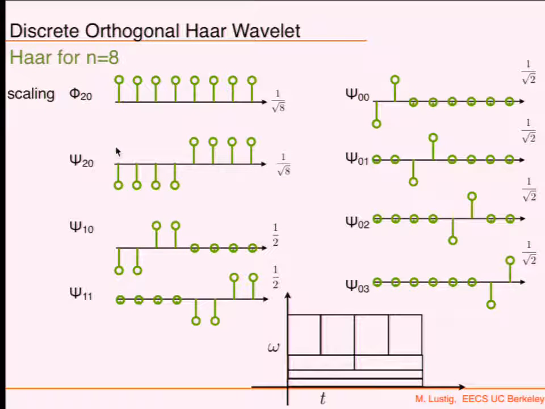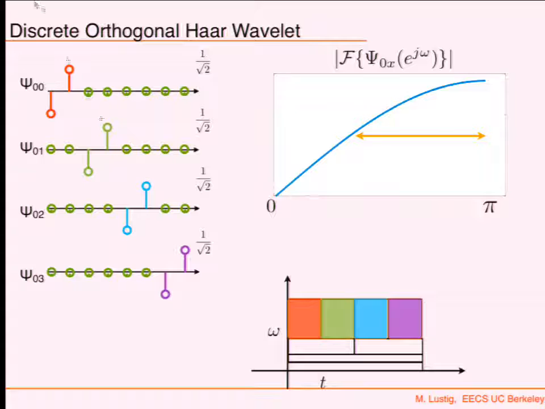But one thing I could do is plot the spectrum, which you can then see what is the localization both in time and frequency. So if I look at the fine scale ones, if I compute the DTFT of those signals, it's going to look like that. That's the magnitude spectrum of those basis functions.